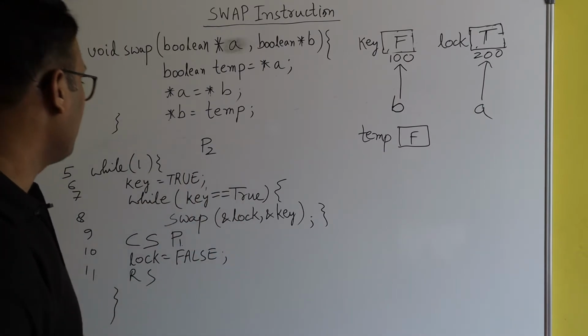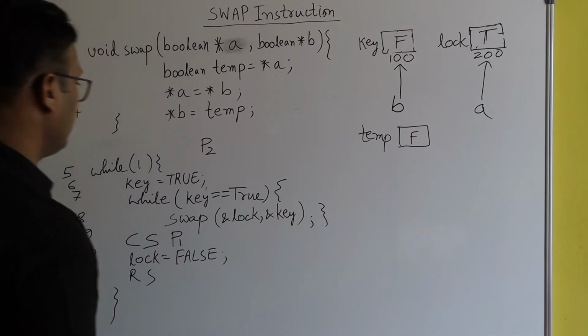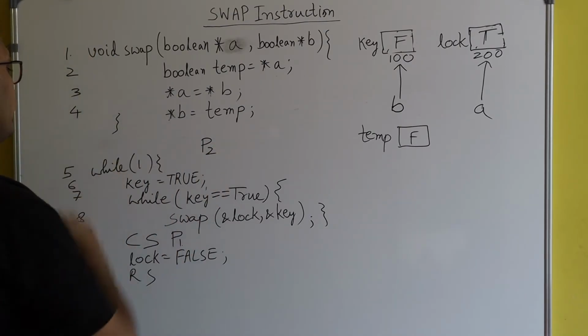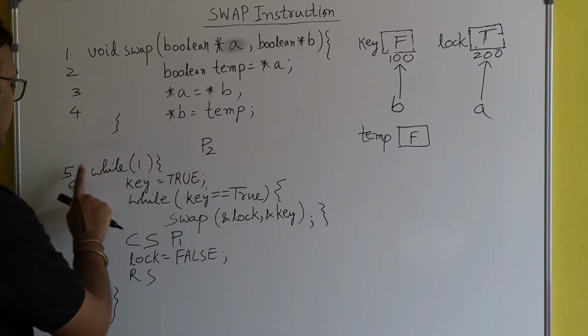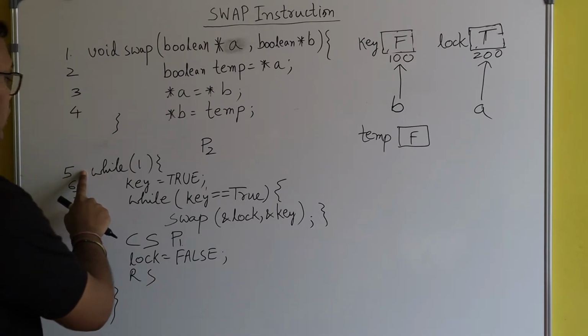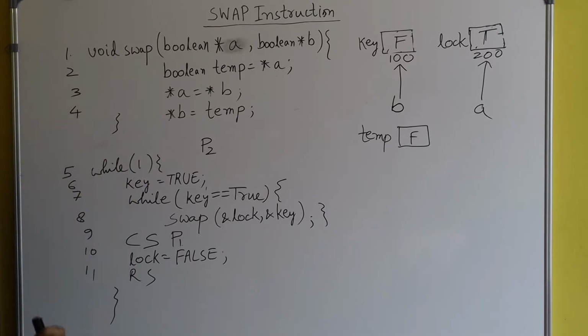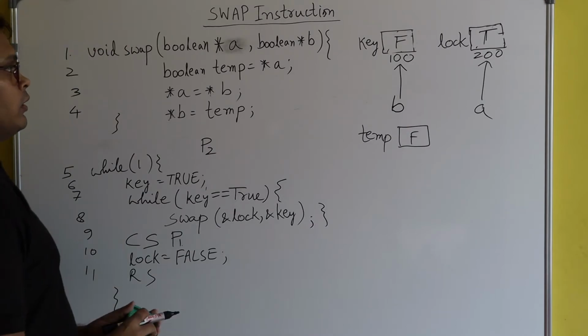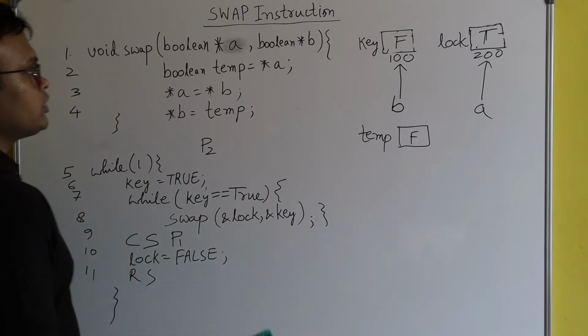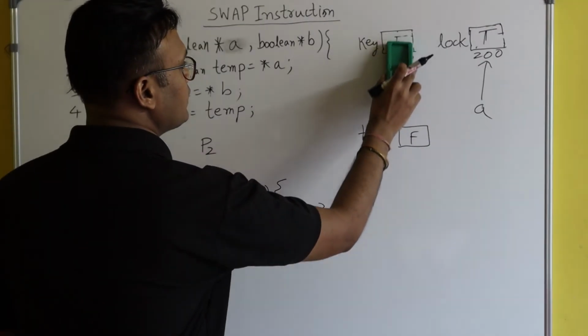Let's see. So now, suppose CPU is given to P2 and now P2 will run. P2 will execute line number 5. Fine. P2 will execute line number 6. And you see what's written in line number 6: key is equal to true. Okay. So here P2 has set the value of key as true. So here I will write key is equal to true.